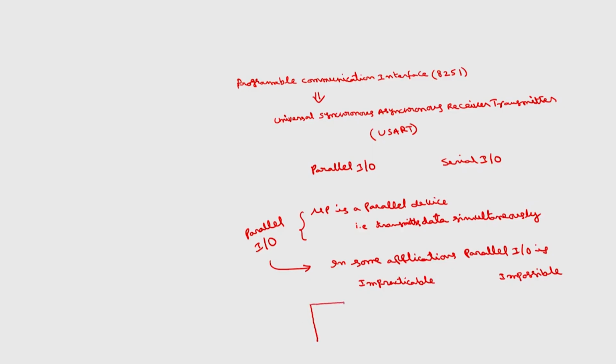So, I have one computer here, this is computer 1, and computer 2 is placed at a remote place. I want to transmit 8 bit of data in parallel, so I need 8 lines, each line carrying 1 bit of information. So, I need to connect a total of 8 lines.